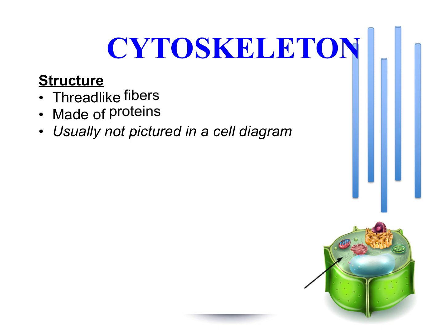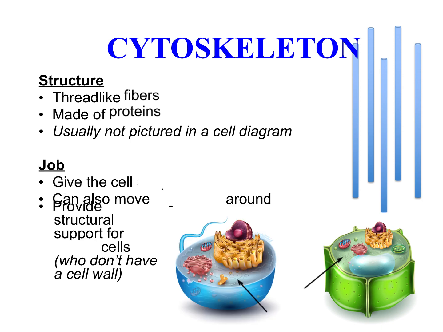So what they do for us is that they give the cells shape, and so they're used for structural support. They can also help our organelles move around. And so they're providing structural support for the animal cells who don't have a cell wall, so they don't have this big structure on the outside as support, so the support comes from within the cell.